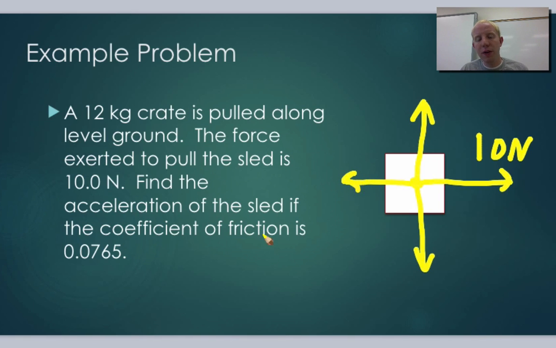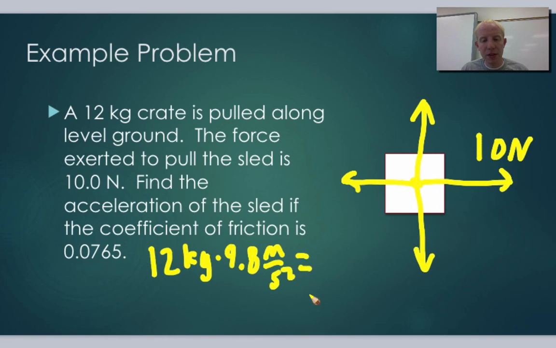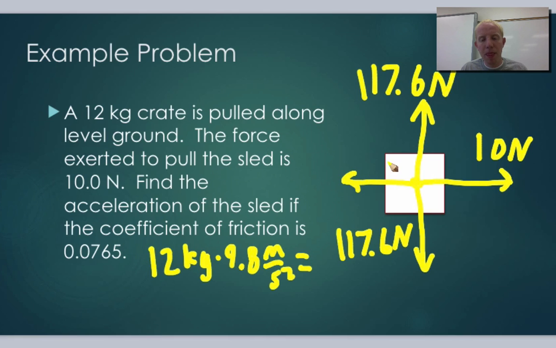So if we want to find the weight, we'll take 12 kilograms times 9.8 meters per second squared. That gives us that the weight is 12 times 9.8, 117.6 newtons going down, which means we'll have 117.6 newtons going up.